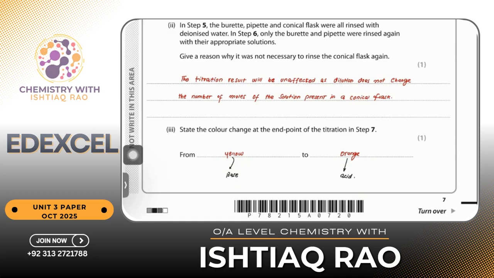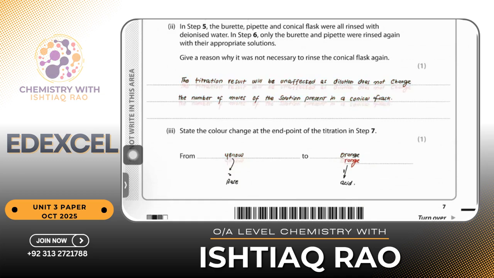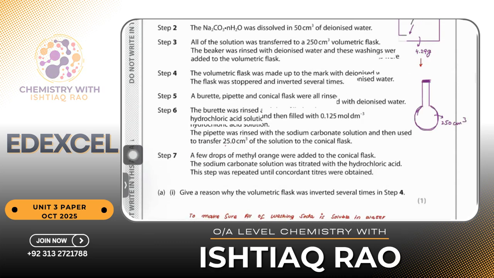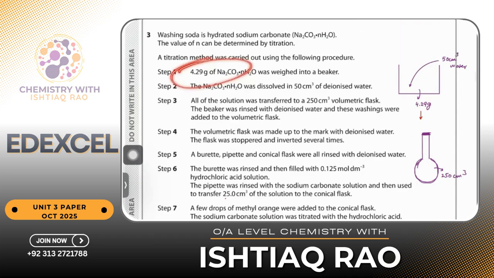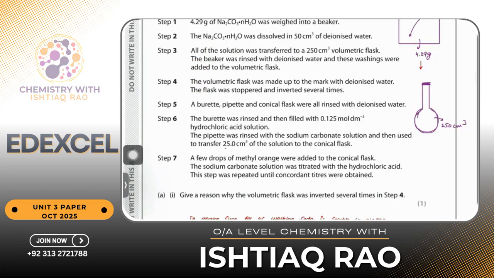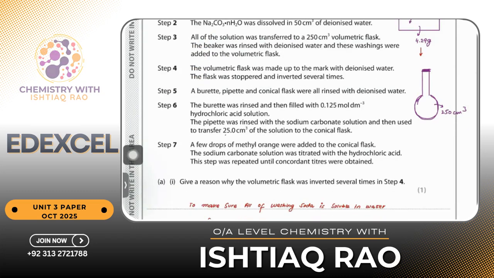So what is present in the conical flask? Of course, you can see I have added sodium carbonate in this volumetric flask, and they are saying the pipette was rinsed with the sodium carbonate solution and then used to transfer 25 cm cube of the solution to the conical flask.